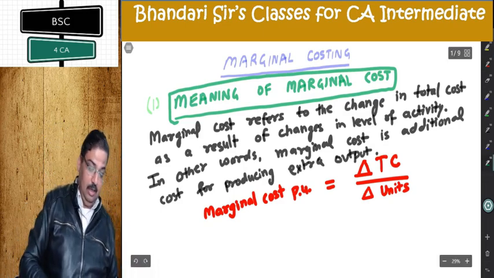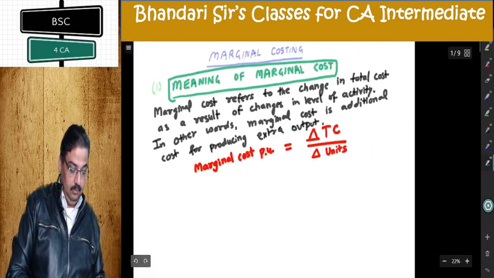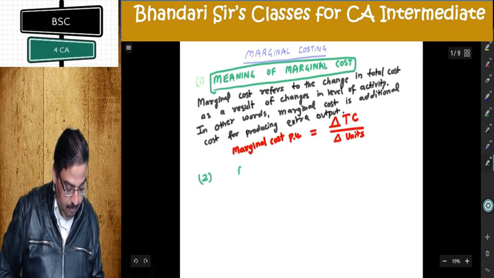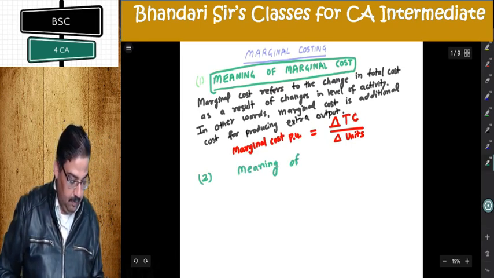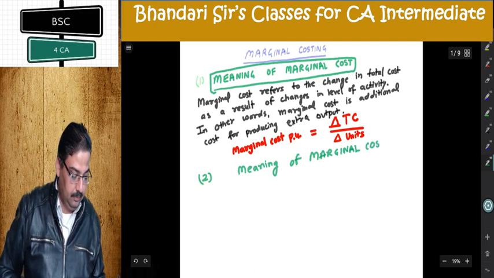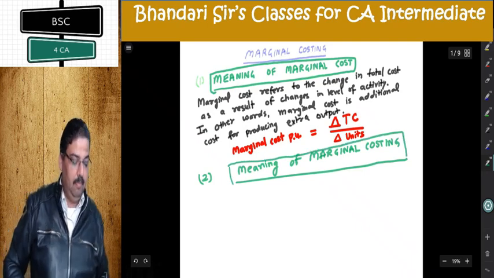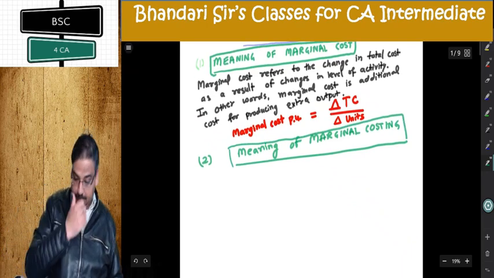Number 2, second concept for the day. Second concept is meaning of marginal costing. This is definition for marginal costing.